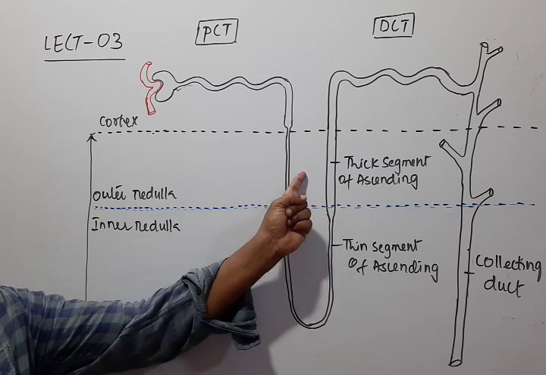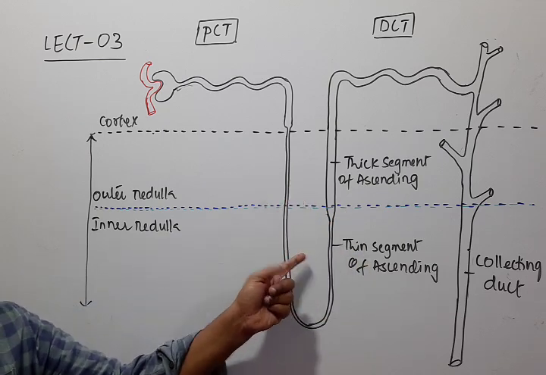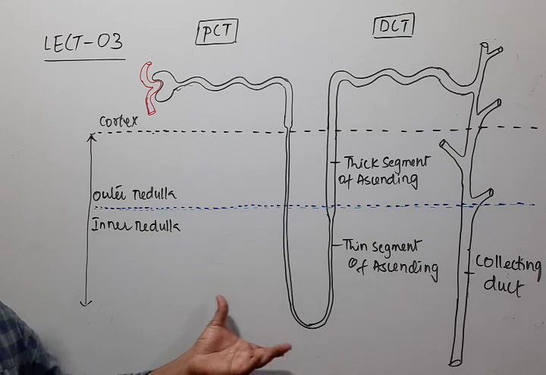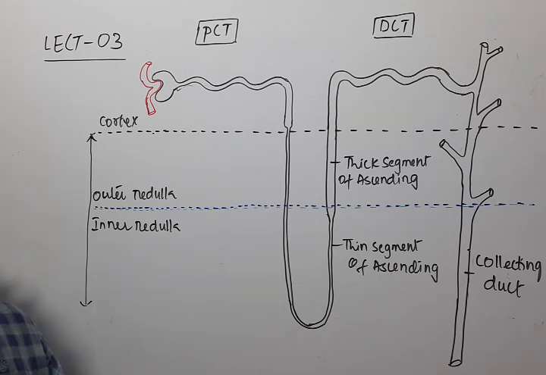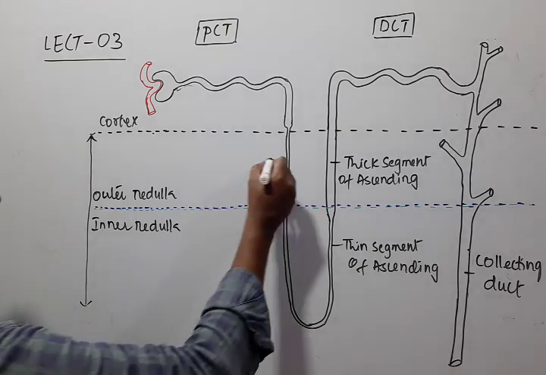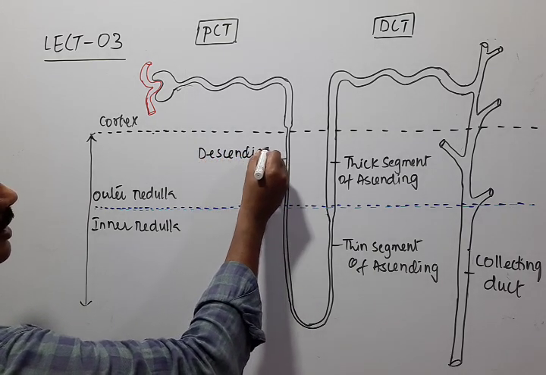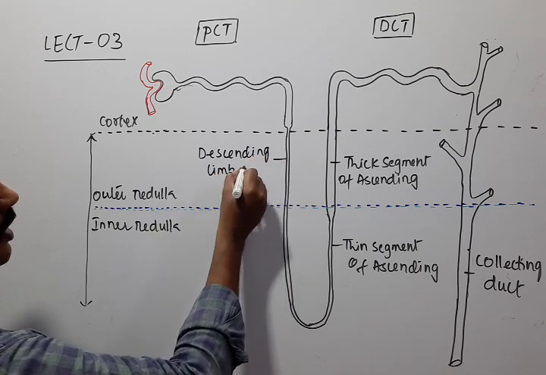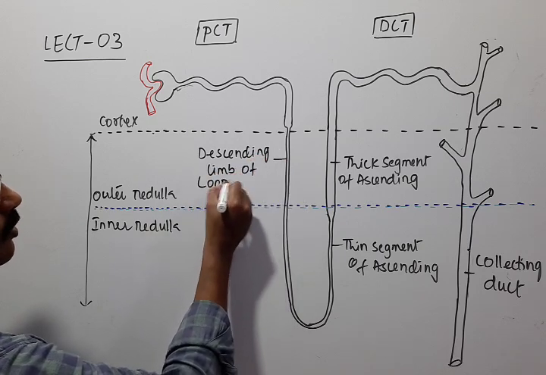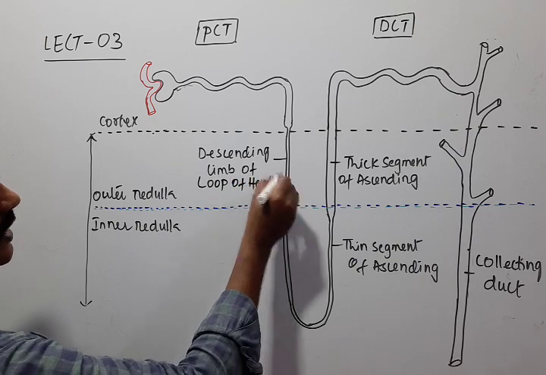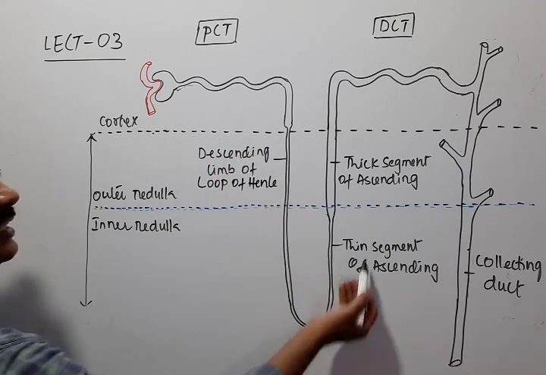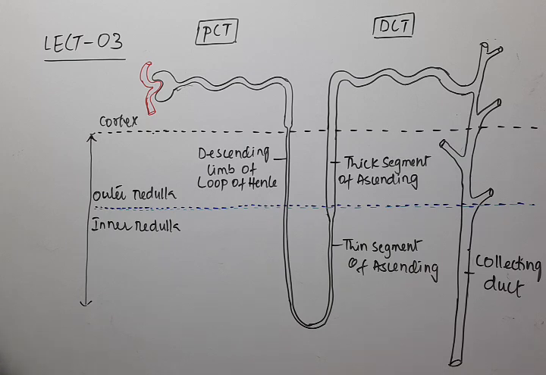So by showing the thick and thin segments, we know this diagram is a juxtamedullary nephron. This is the descending limb, and this is the ascending limb of the loop of Henle.